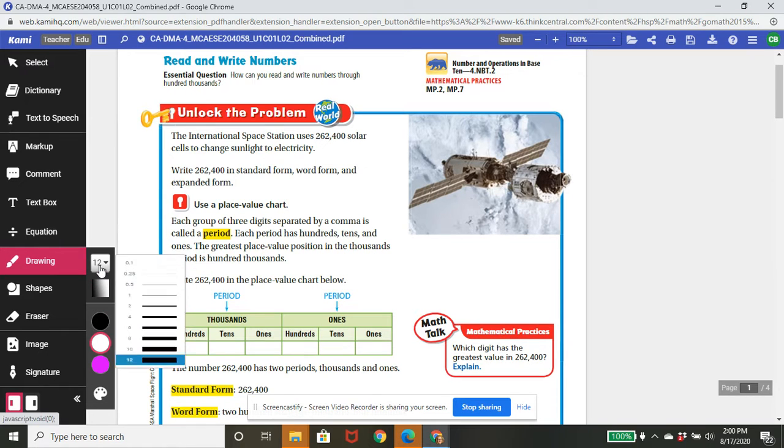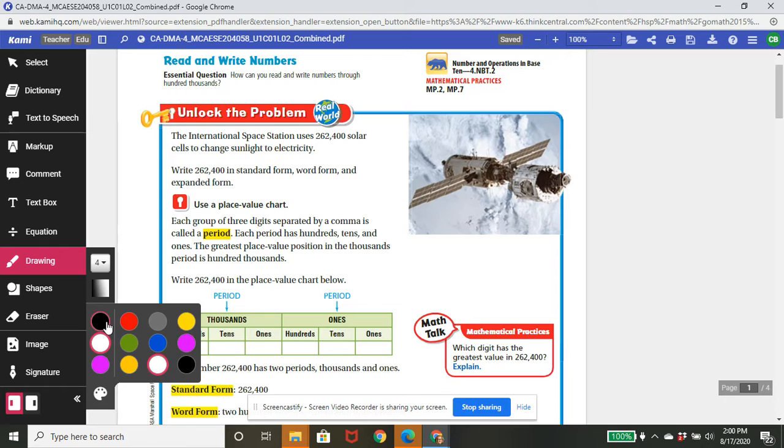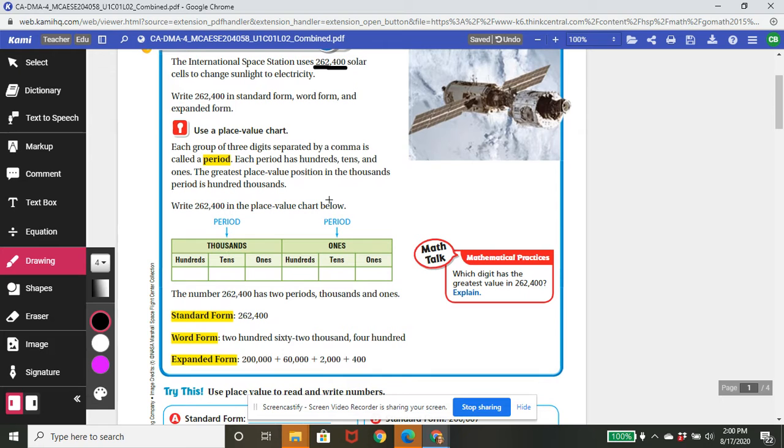How can I look at this huge number and read that? Okay, so we are going to write this number in standard form, word form, and expanded form. And the way that we're going to do that is we're going to use a place value chart.